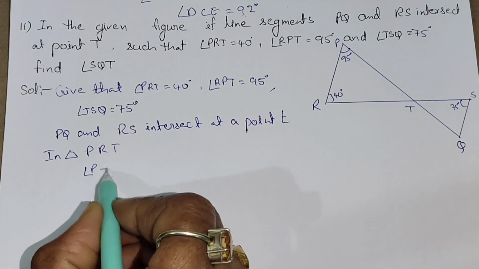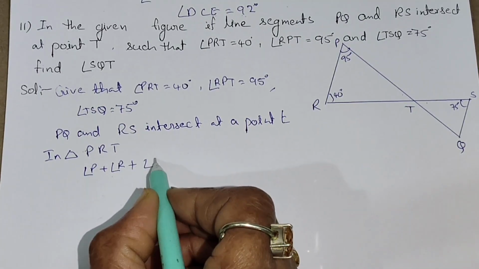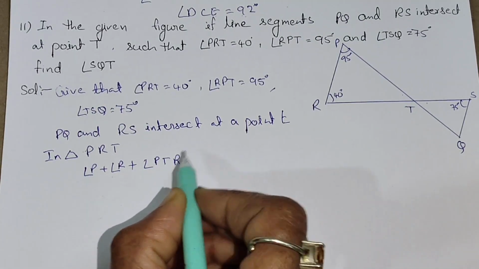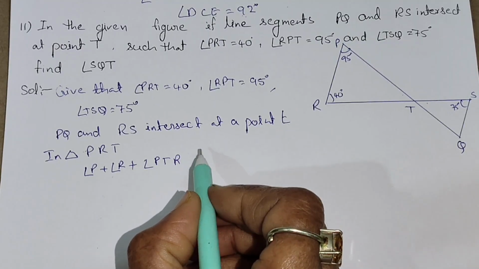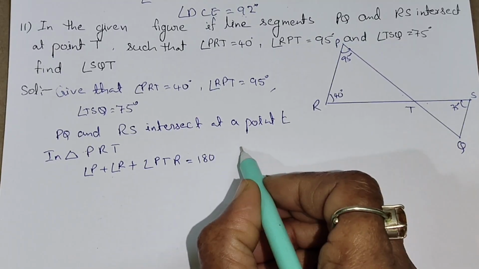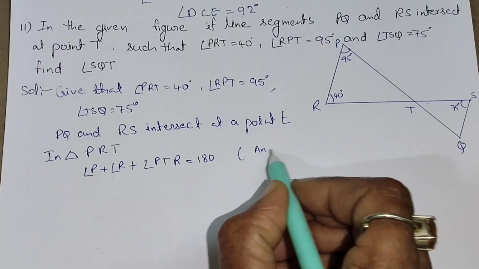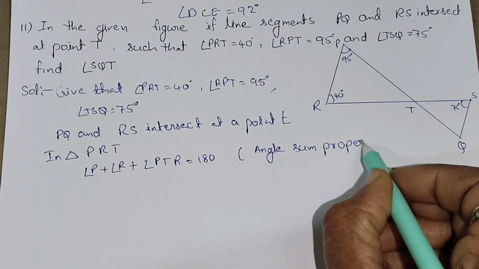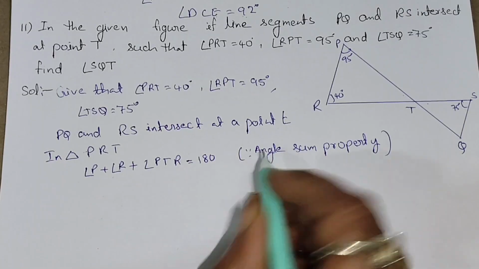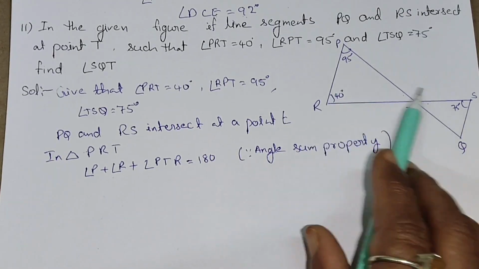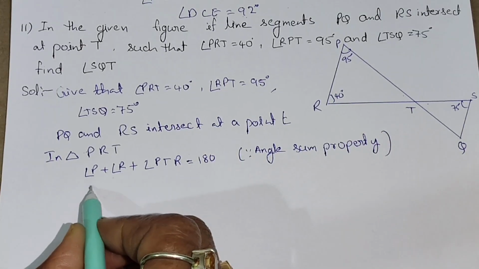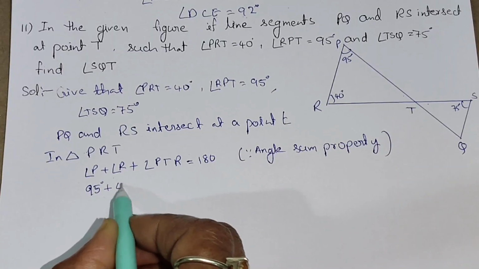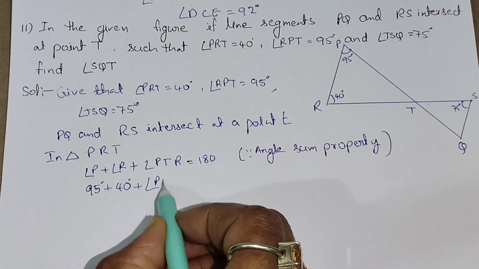Angle P plus angle R plus angle PTR is equal to 180. This is the angle sum property. Here we know two angles, one is 95 and the second is 40 degrees, and we don't know PTR.